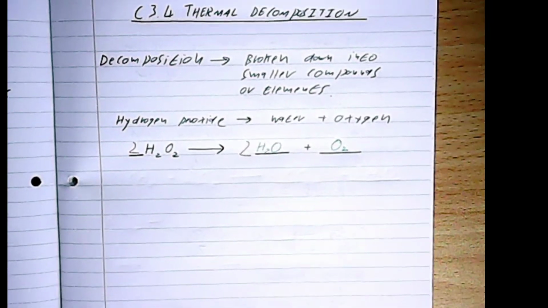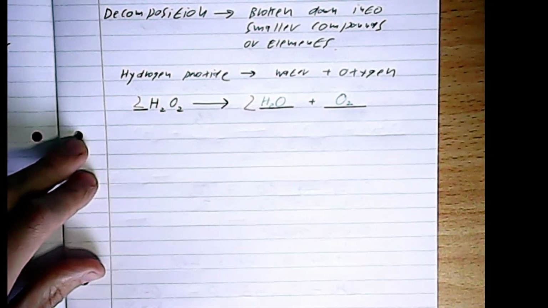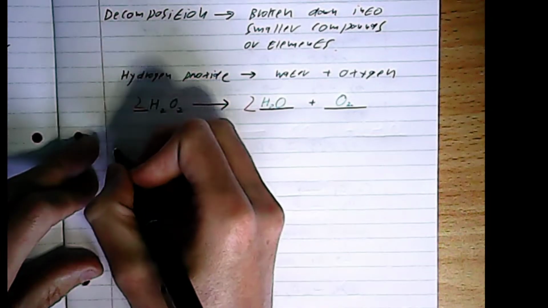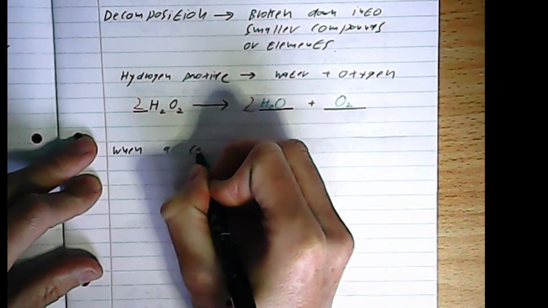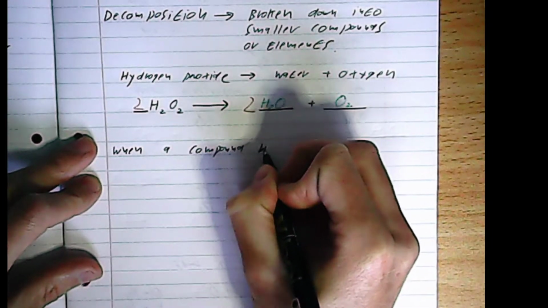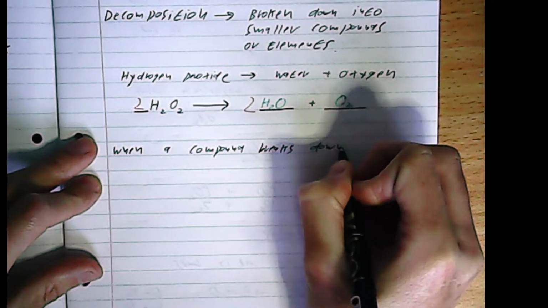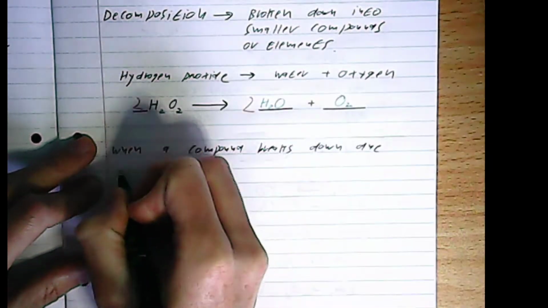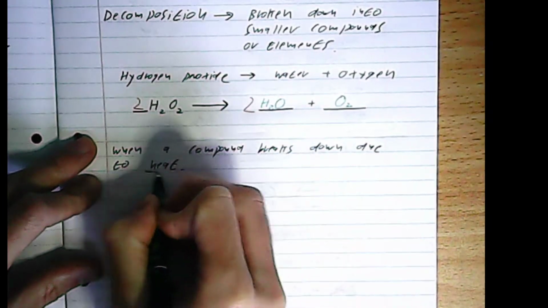Now our lesson is going to be focusing on the thermal decomposition aspect. A thermal decomposition reaction is when a compound is broken down due to heating. Surprise, surprise. So thermal decomposition is when a compound breaks down due to heating, and that's the key thing.